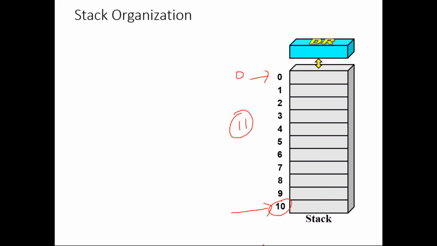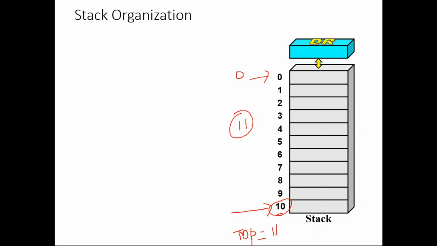Initially, where will the top be pointing? Generally we say top points to -1, because in that case we insert from 0, but here we have to insert from 10. So we should insert from location 10, which means the stack pointer should point to 11.